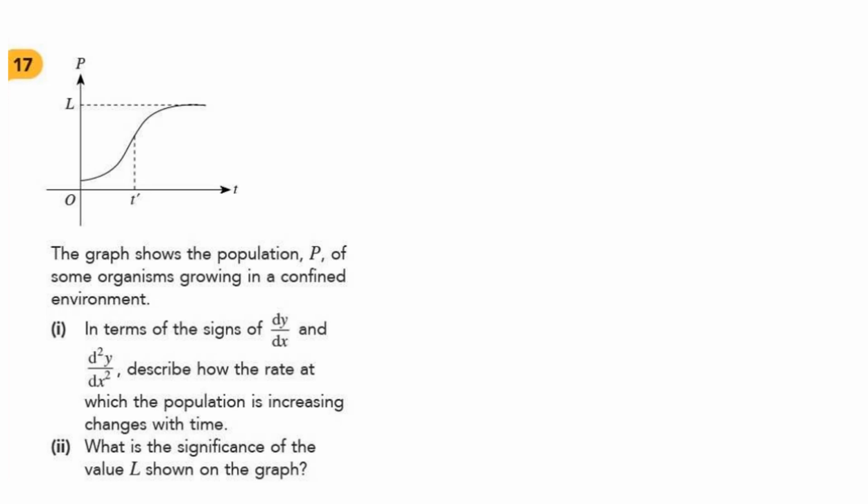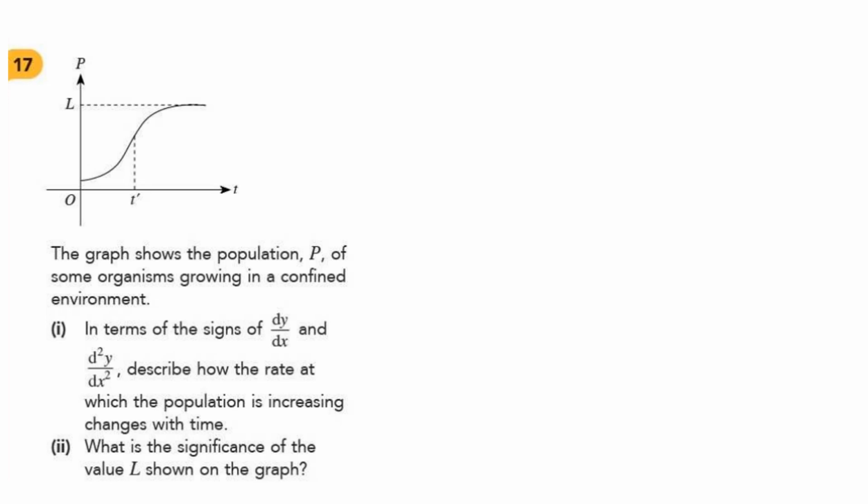And here you will realize that it actually connects to your rate of change. Yes, so if you look at this graph that you're given, P represents the population of some organism growing in a confined environment. Confined means an enclosed environment with some conditions. Okay, it's not open, it's enclosed.